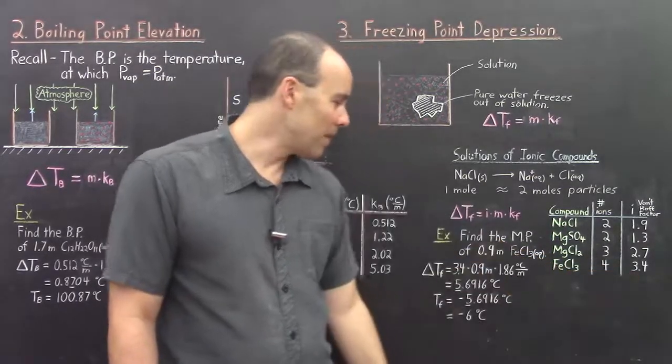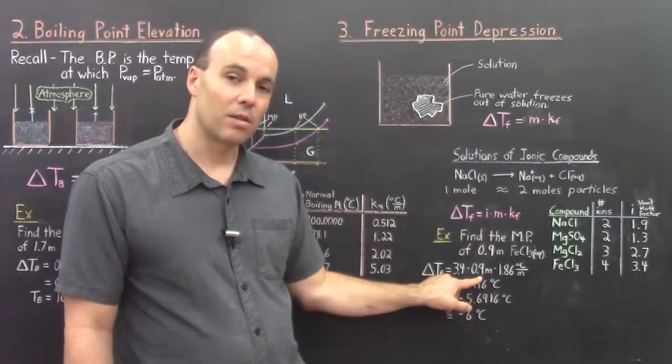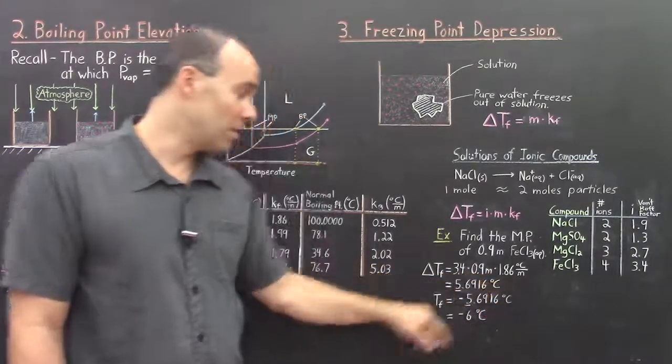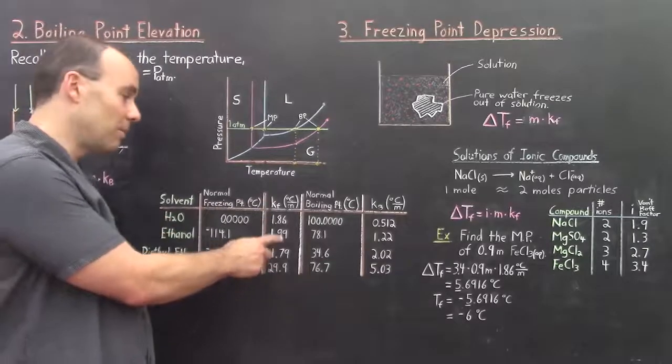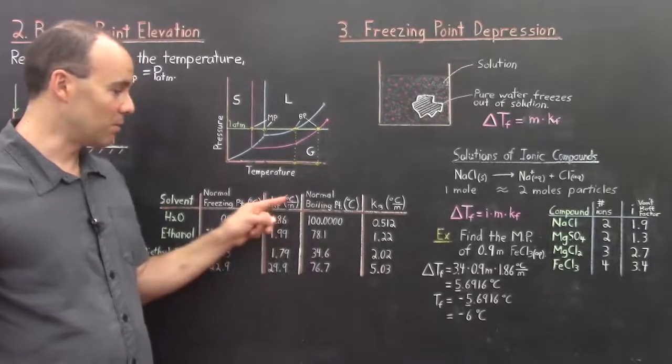So we multiply the Van't Hoff factor times the molality times the freezing point depression constant, and for water, the freezing point depression constant is 1.86 degrees Celsius per molal.